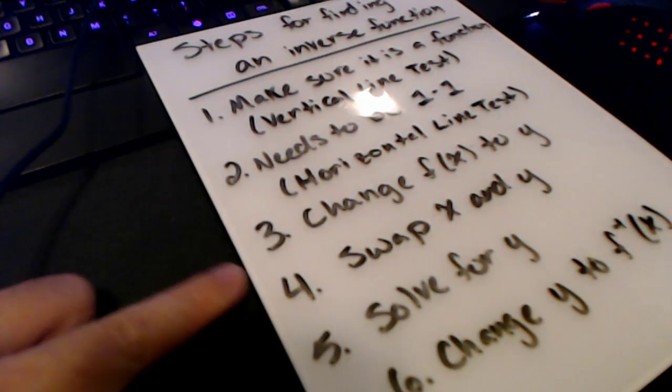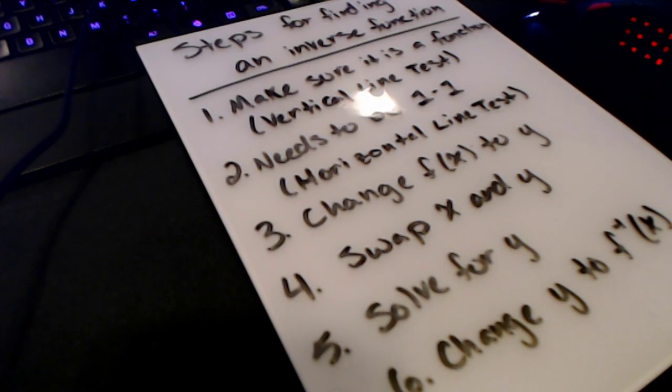All right, this seems like a lot of different things you have to do. It's really not that bad. But these are the 6 steps that we are going to use. We're going to make sure our functions are passing vertical line test, that they are a function. If we're given a function where it says f of x, it's going to be a function. There's no reason it shouldn't be. Then you need to be 1-to-1, so you have to pass horizontal line test.